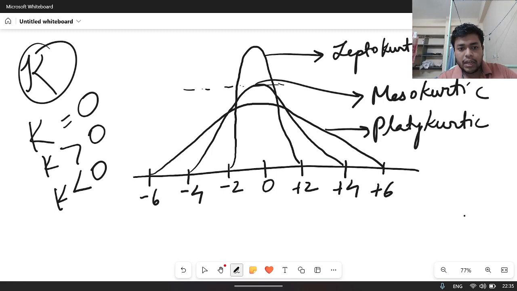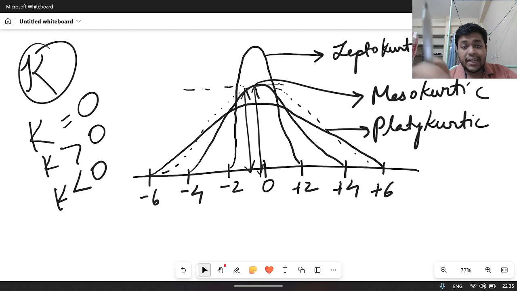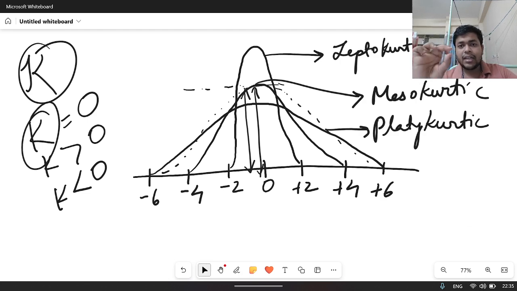Suppose a normal distribution went in this way and came back. See this tailedness vertically, it would have been at the same position. For mesokurtic, a normal distribution would also be at the same height. So the K value represents the tailedness, how much it is moving.